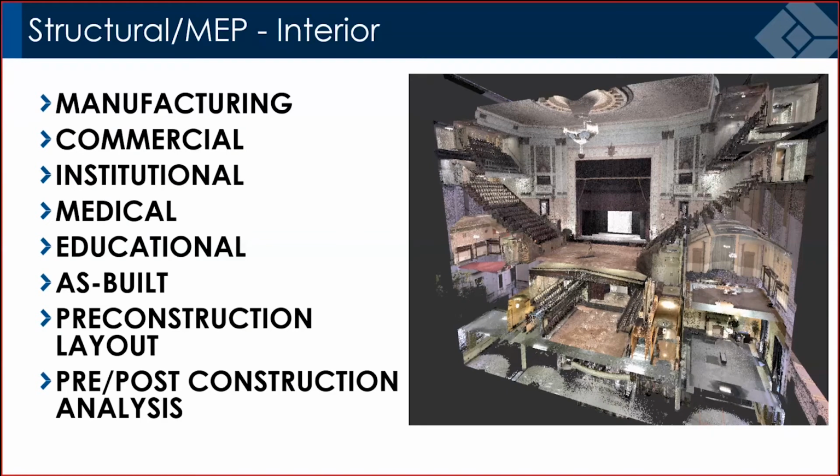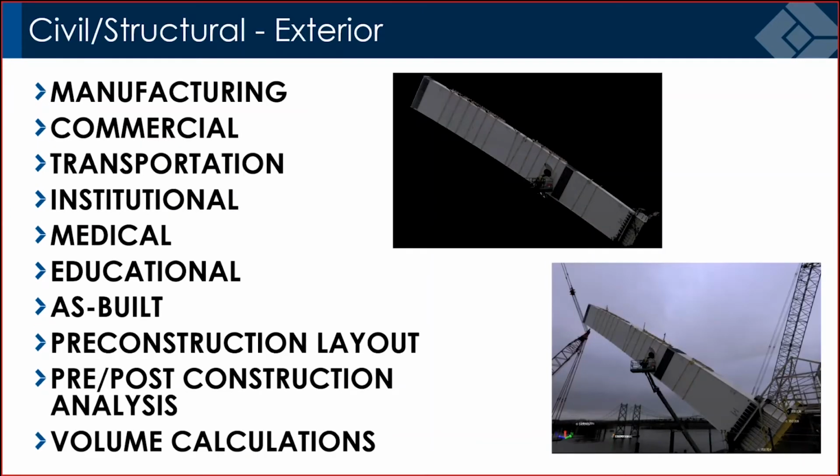The indoor applications are going to be more suited for our Faro scanner. And then our more civil structural outdoor applications are going to be more suited for our SX10. But again, depending on where we're at, it's going to depend on what tool we use. If we need it measured, it may be ideal to scan.